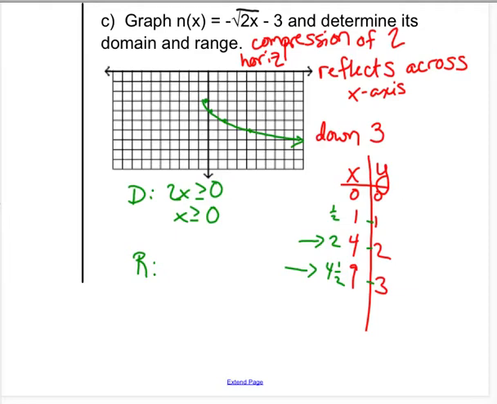So in this case, I've got this shift of down 3, which affects my range, but I'm also flipping it over the x-axis. So as you can see, our graph is moving down from negative 3. So our y value is less than or equal to negative 3 because the reflection makes it less than or equal to, and the shift is where I get my negative 3 from.